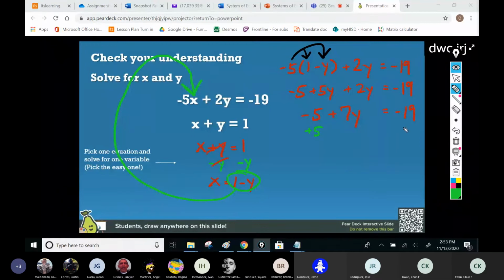And then plus 5 on both sides. Seven y equals to negative 14. Divided by 7 on both sides, all right? So y equals to negative 2.